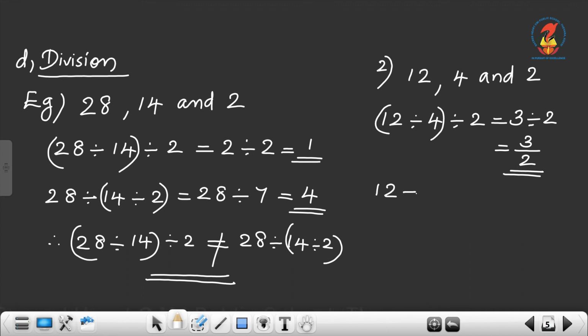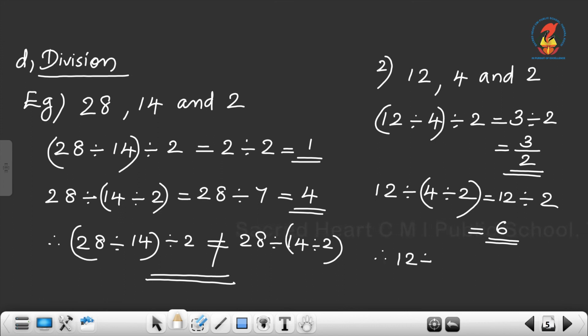Then again, 12 divided by 4 divided by 2. 4 divided by 2 we have to consider first, that is 2. So, 12 divided by 2 is equal to, what is the answer? 6. Now look at the two cases. Are the answers the same? No, they are not the same.